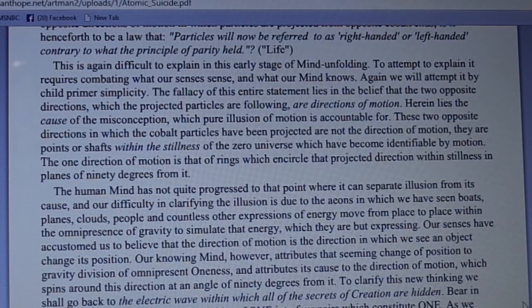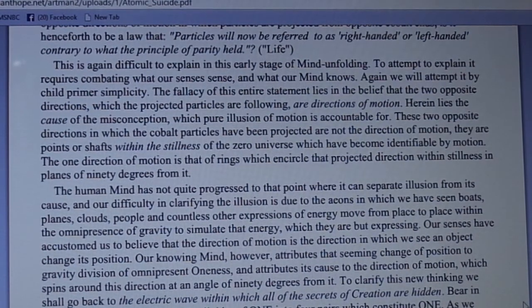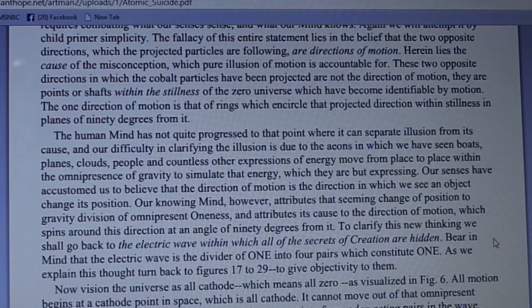Our senses have accustomed us to believe that the direction of motion is the direction in which we see an object change its position. Our knowing mind, however, attributes that seeming change of position to gravity division of omnipresent oneness, and attributes its cause to the direction of motion, which spins around this direction at an angle of 90 degrees from it.